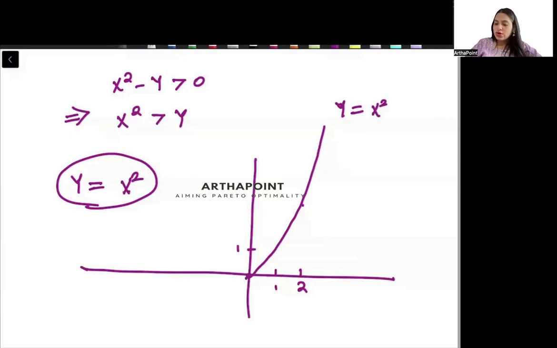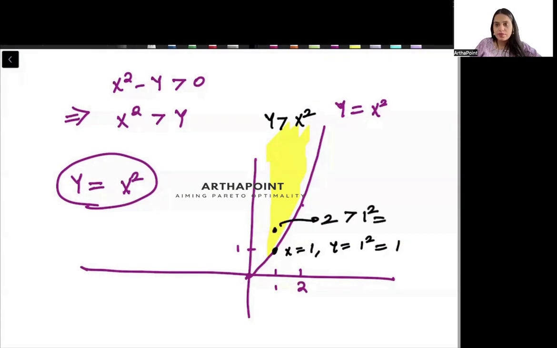Now, if I go towards this region, beta, here y is greater than x square. Do you see this? Here, when x is 1, y is exactly 1 square, that means 1. Here, y is 2. 2 is greater than 1 square, isn't it?